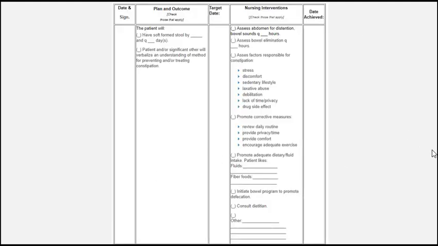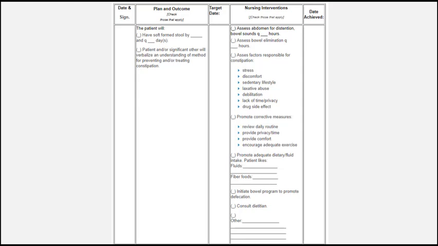The care plan would include the plan and outcomes. So when we're looking at outcomes, what do we want to see happen? What's our end game? We want them to have formed stool by, and you put a date in. So by tomorrow, we put that date in. And every 2 days, within 2 days after.